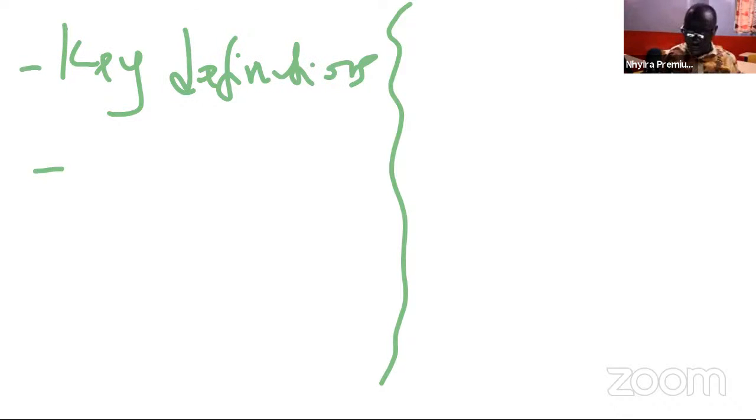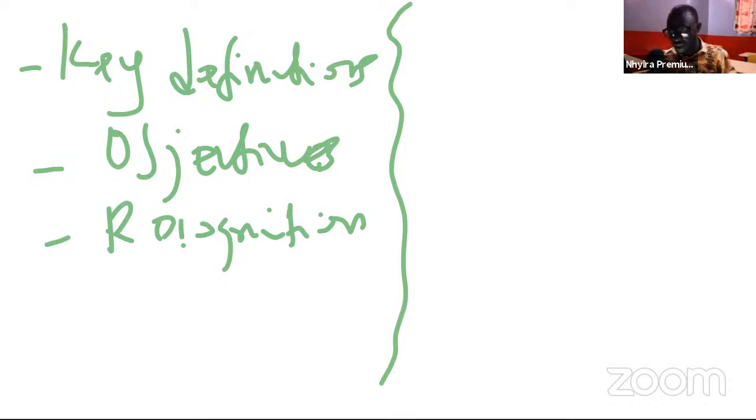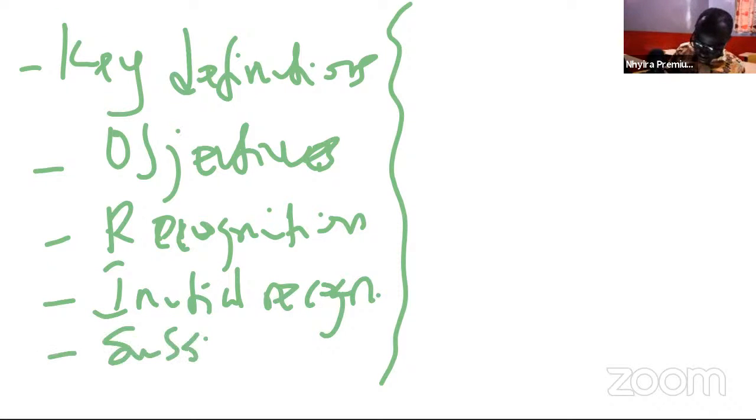We also need to know the objective of the standard: at the end of the day, what is the standard about? Then you need to know the recognition criteria. This doesn't apply to all standards, but for most standards the recognition criteria are very critical. Then we will come to the initial recognition, and aside from that, the subsequent measurement. Then you will come to the issue of disclosure requirements.